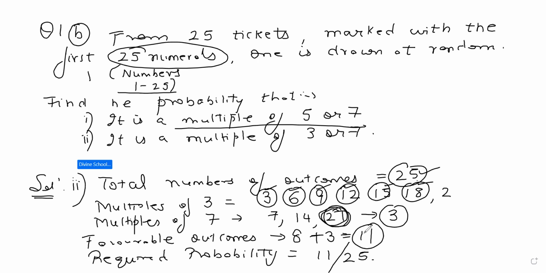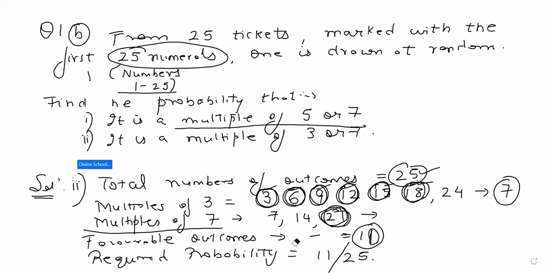So remember, I am not counting 21 because 21 I have already counted in multiples of 7. So I am ignoring that in multiples of 3, because we cannot count 21 more than once. So how many outcomes are there now? 7 outcomes. 1, 2, 3, 4, 5, 6, 7. 7 and 3 make it 10. So make a correction here, students. This is 7 plus 3, which is 10.